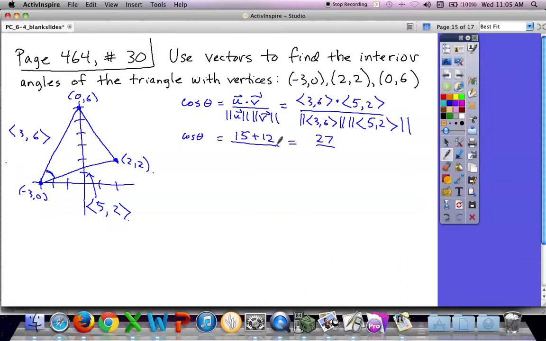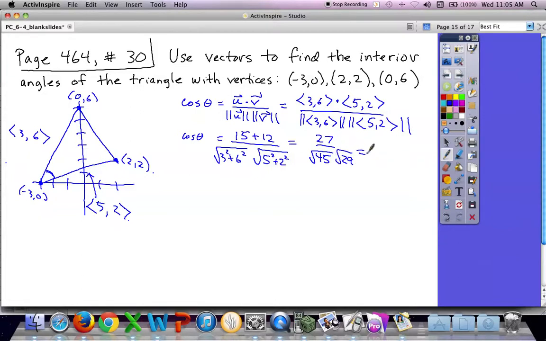And the magnitude of this is the square root of 3 squared plus 6 squared, which is the square root of 45, and the square root of 5 squared plus 2 squared, which is the square root of 29.